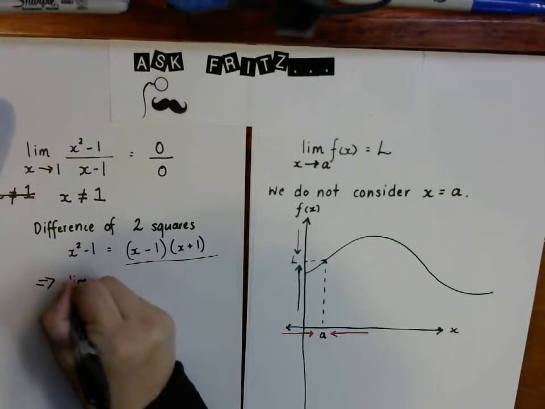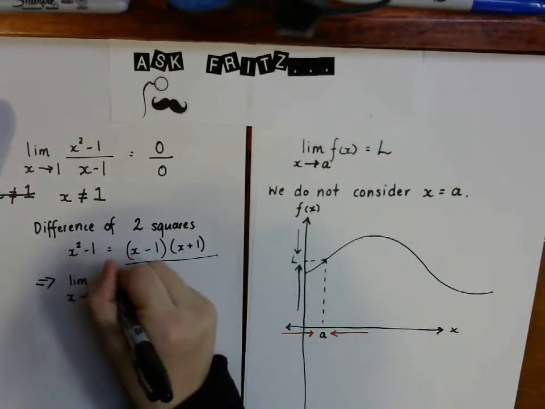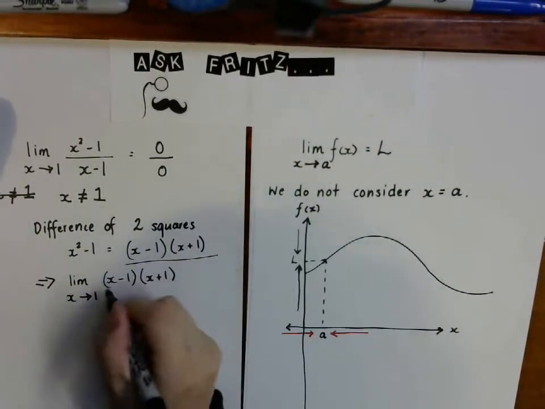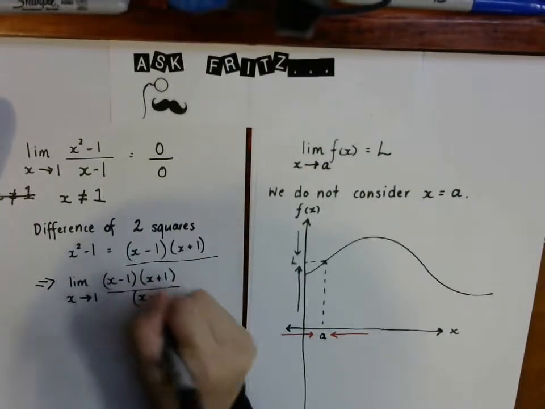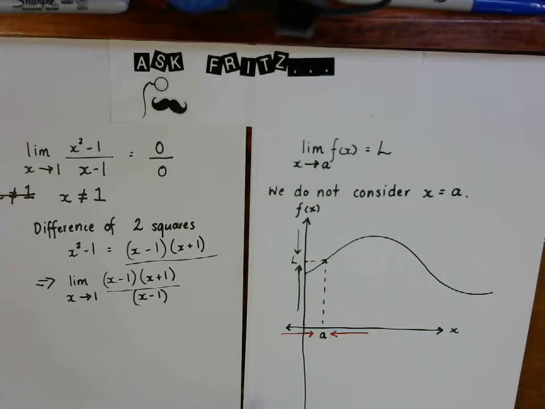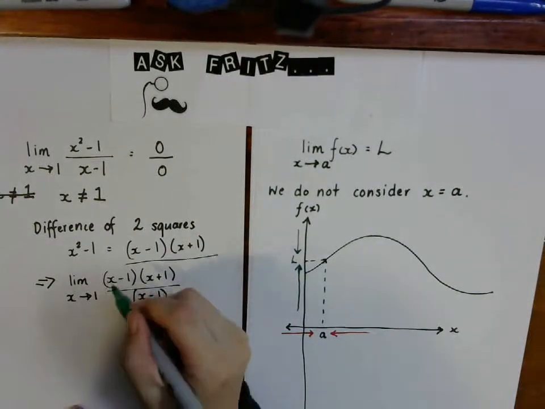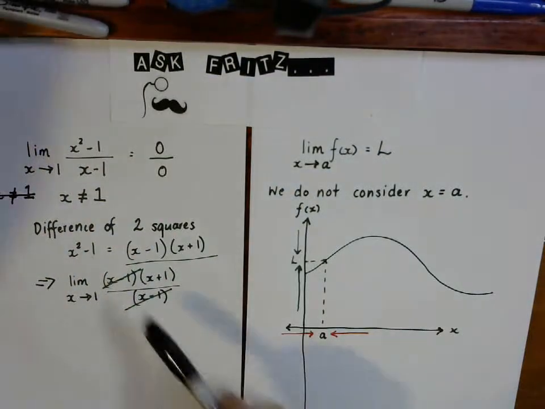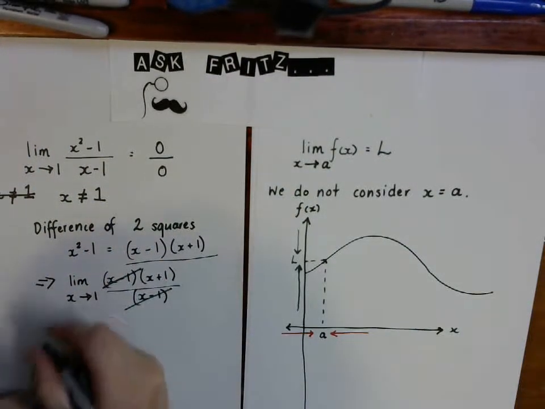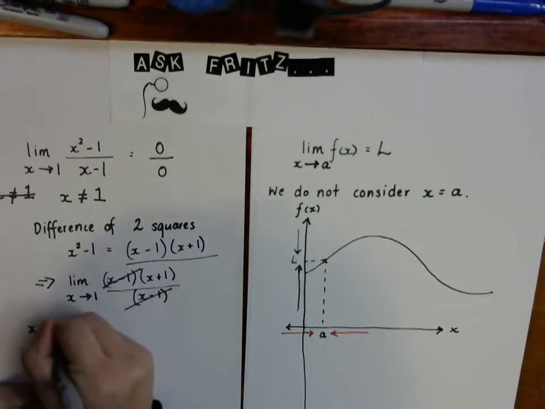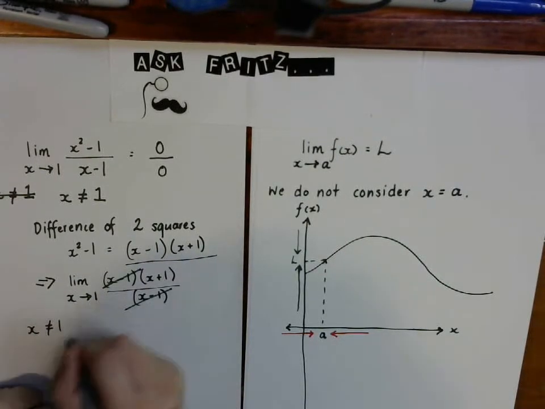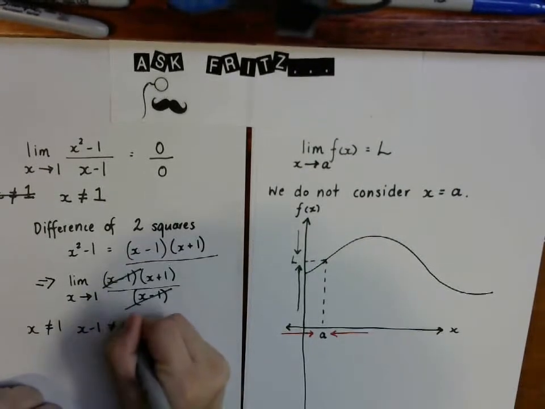Limit as x tends to 1 of (x take 1)(x plus 1) over (x take 1). Alright, what's the common factor here that we can eliminate? Well, we have the x take 1, both in the numerator and the denominator. The reason we can eliminate that is because we do not want x equal to 1, which means x take 1 must not equal 0.